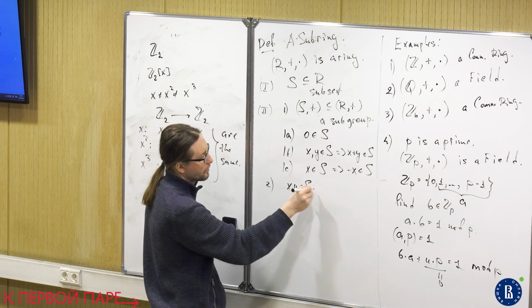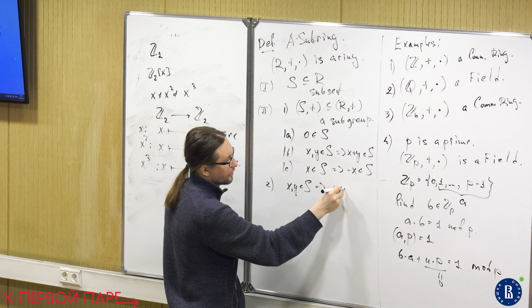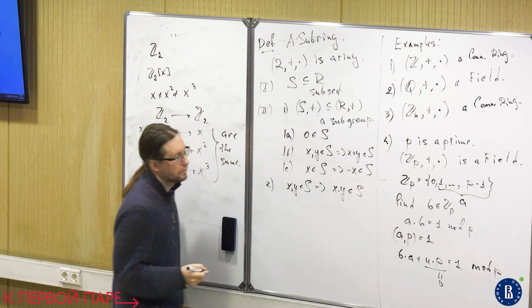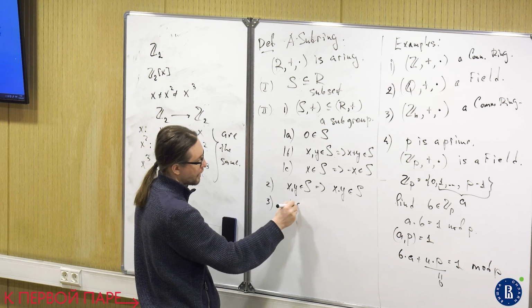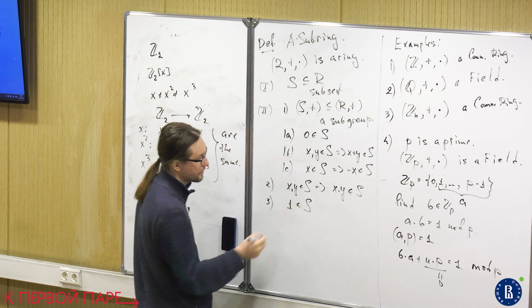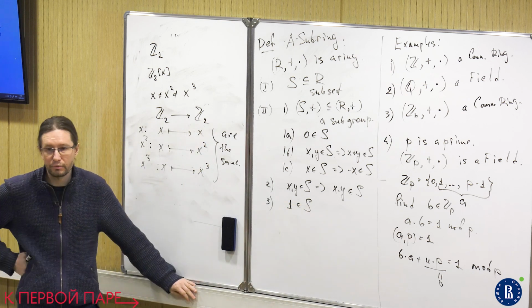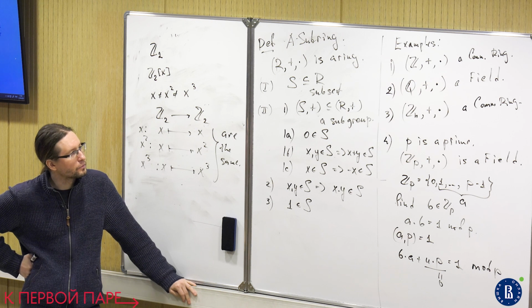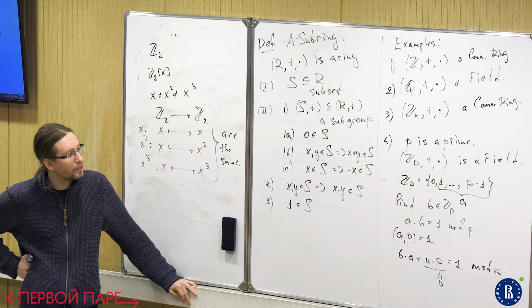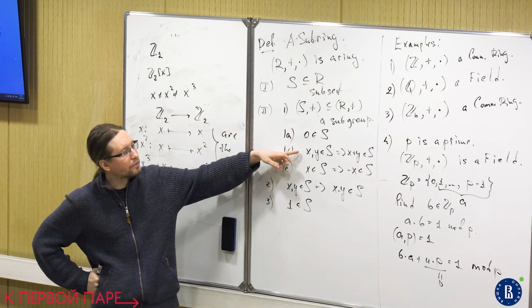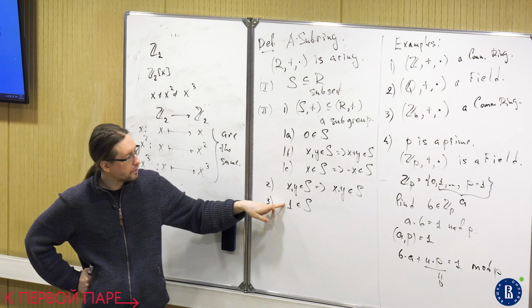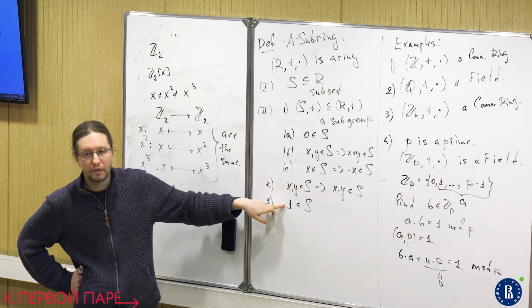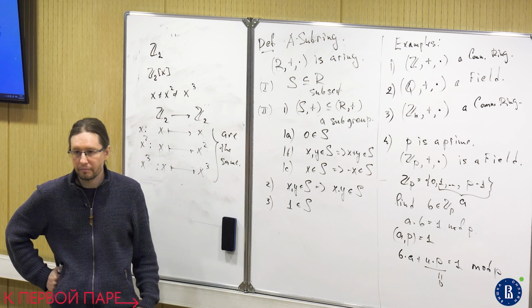So if we have two elements x and y from S, then x times y is also in S. And property number three: we want the neutral element with respect to multiplication to be in S. So these are the three properties we require to define a subring. If we have a subset closed under addition, subtraction, multiplication, containing the zero element and the identity element, then it's a subring.